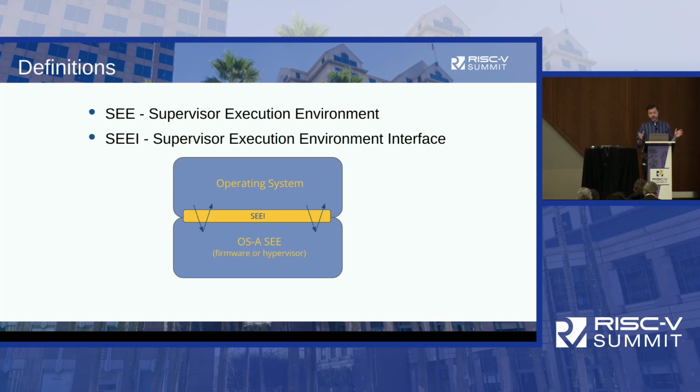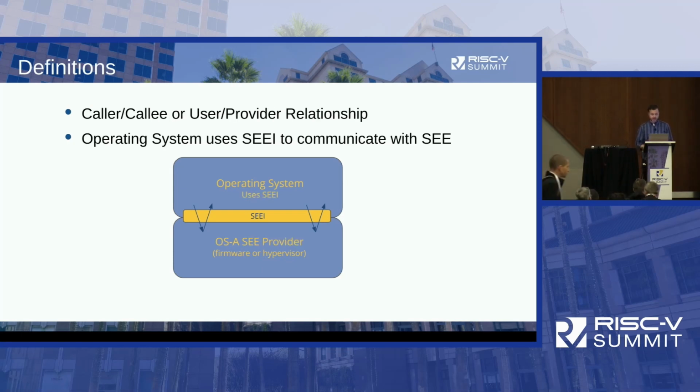A side tangent, there's a bike-shedding moment in all of this. The name of the spec currently is OSA-SEE. One could argue maybe it should be OSA-SEI. That said, we can always talk about that later. But the important part here is the caller and callee, or the user and provider relationship.